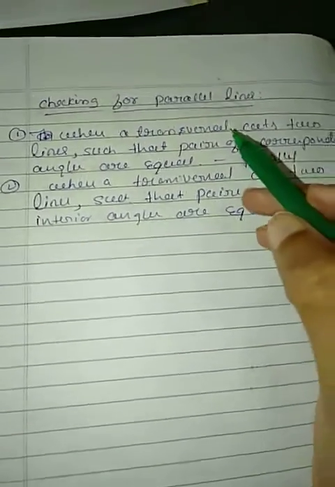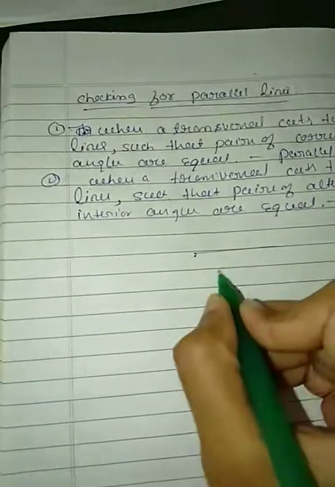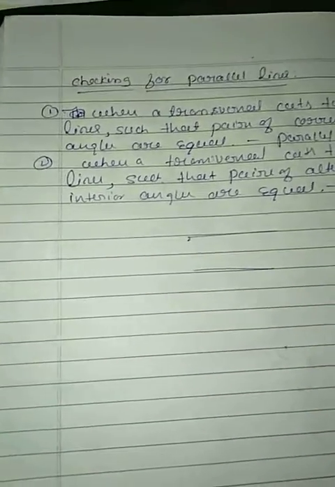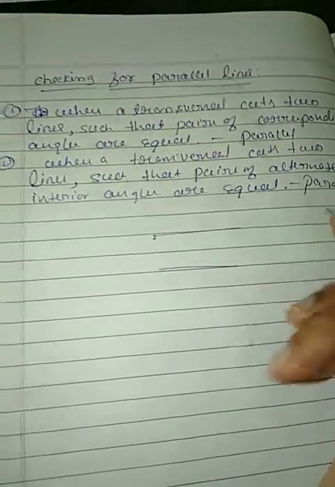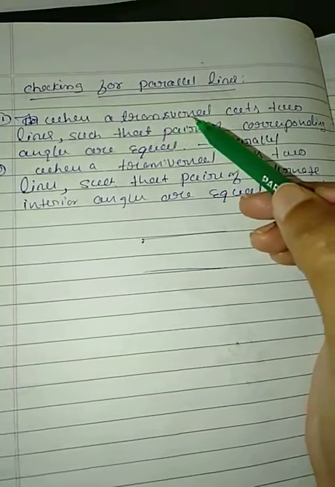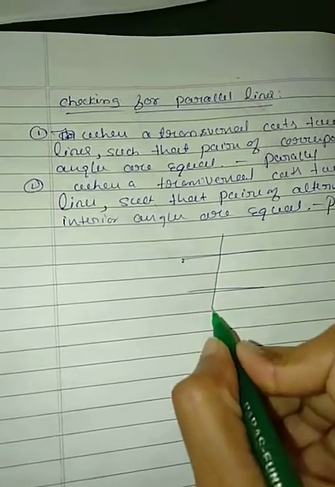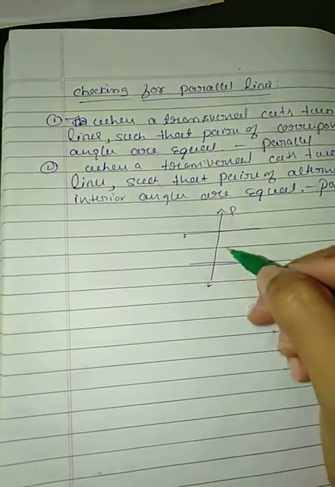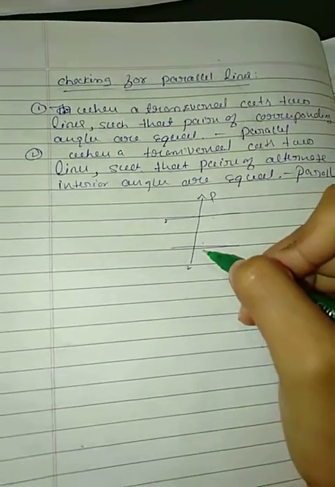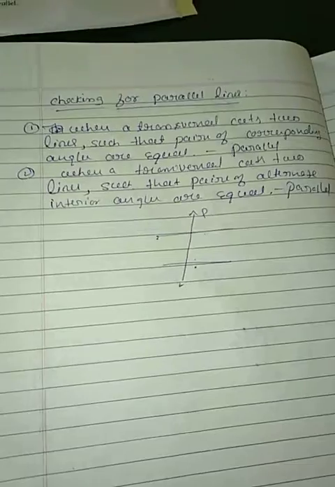Now, checking for parallel lines. If two lines are given, how do we say these lines are parallel? There are conditions. The first one: when a transversal cuts two lines, the transversal means this line P, which intersects these two lines at different points, such that pairs of corresponding angles are equal.